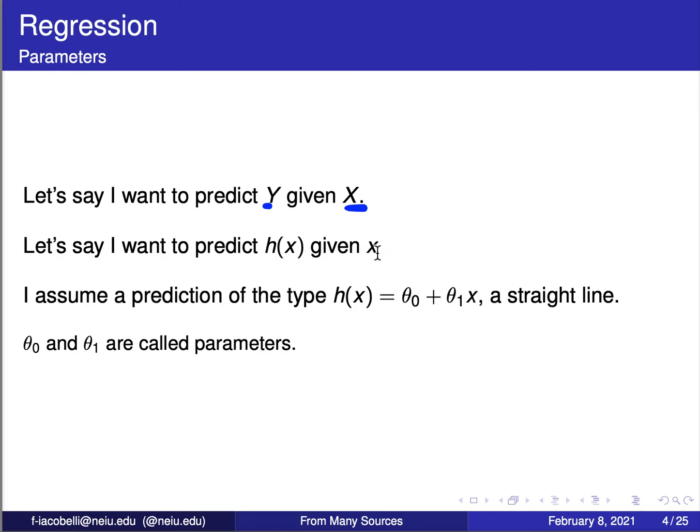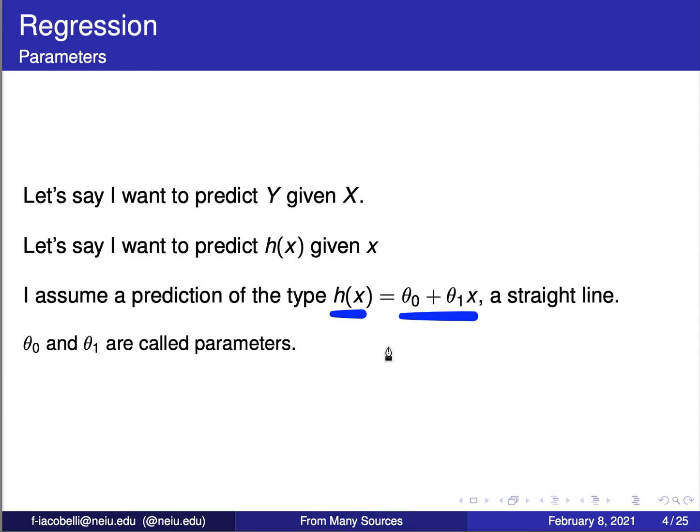Now, the other thing that is important to notice here is that because it's linear regression, I'm going to assume that the function is going to be some sort of straight line. And the function for a straight line is like this. It has one constant value here, and then some constant multiplied by x, right?